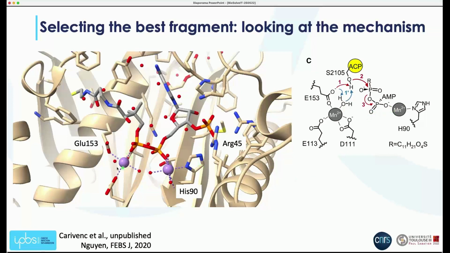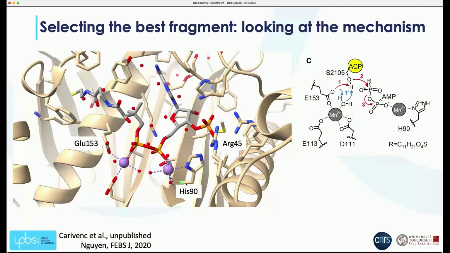So you have this glutamic residue which interacts with this manganese ion, and you also have this histidine residue which participates in the positioning of the second ion. Something which is also important for the proper positioning of the cofactor, in gray, are these arginine residues, which make salt bridge interactions with the phosphate group of this cofactor.